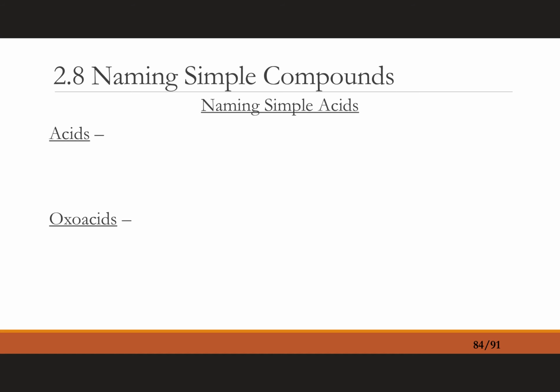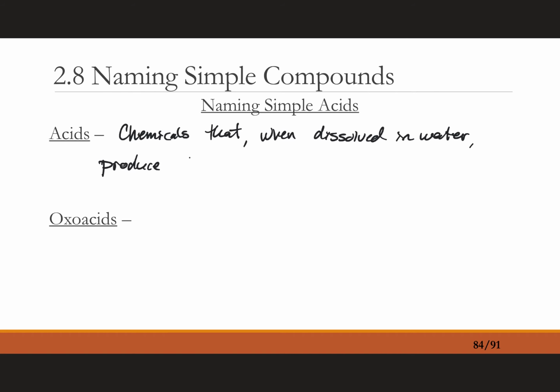All right, naming simple acids. First of all, you need to know what an acid is in order to recognize when you're naming an acid versus maybe a binary molecular compound or just other molecular compounds. Acids are chemicals, simply put for now, that when dissolved in water produce H plus ions.